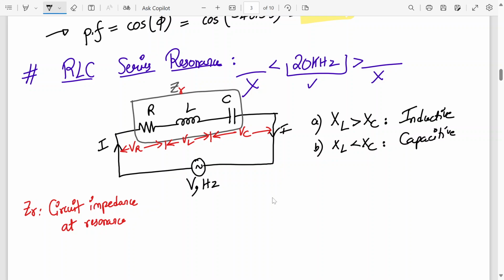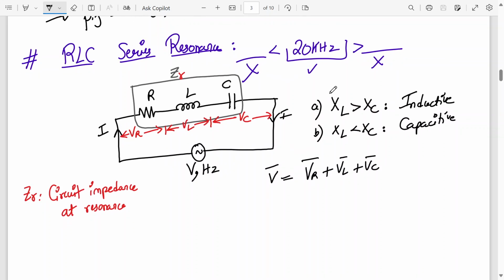Okay. So here total voltage V is the vector sum of VR plus VL plus VC. This much you agree, right? And the same current flows through all the three circuit elements R, L and C. So impedance will be given by R plus JX.